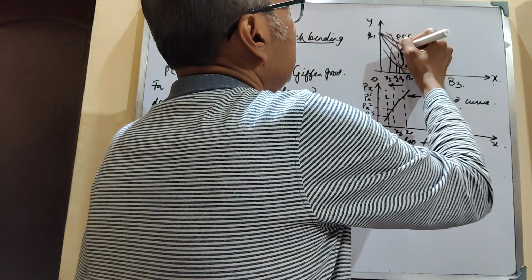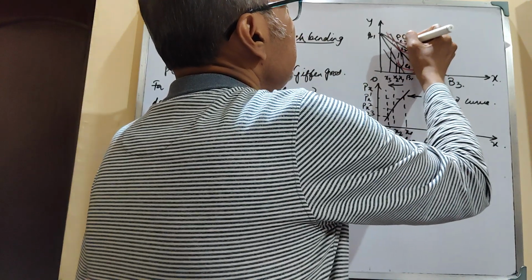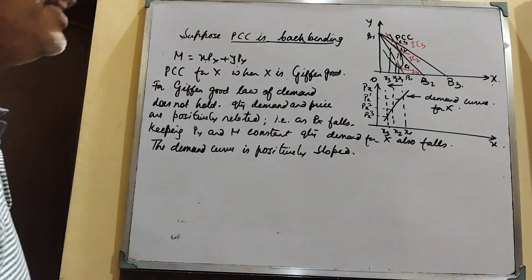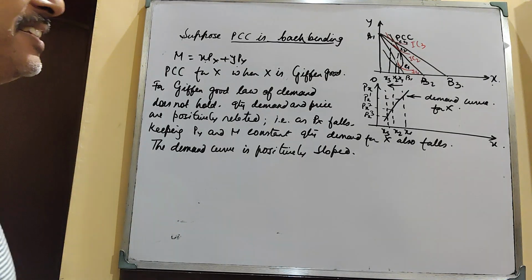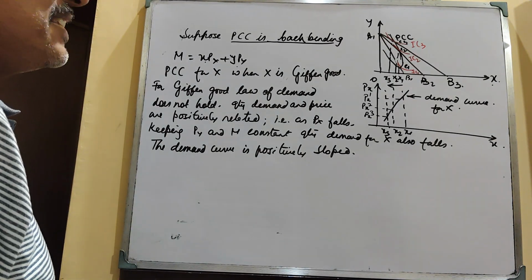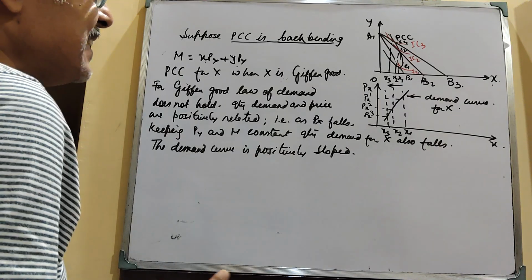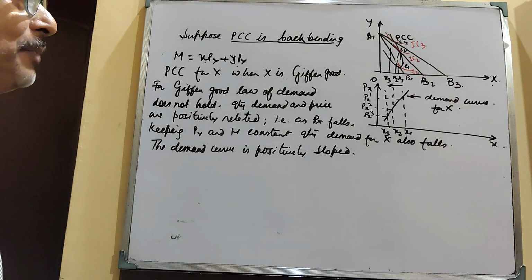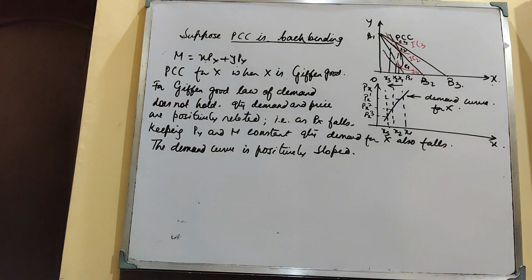This is E1, this is E2, this is E3. The locus of E1, E2, E3 is the PCC, and in this case PCC is backward bending. Always remember, for a given good PCC is backward bending. Why? For a given good, the law of demand does not hold.